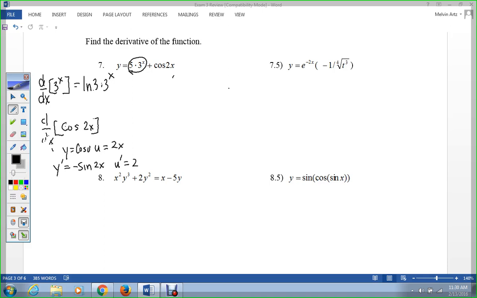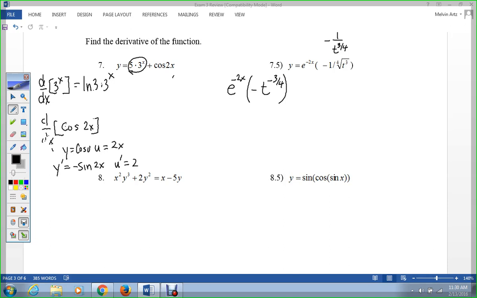This would be the same as e to the negative 2x times negative, and this here is negative 1 all over the 4th root of t cubed, which is t to the 3/4 power. But I'm going to bring that up into the numerator as negative 3/4.